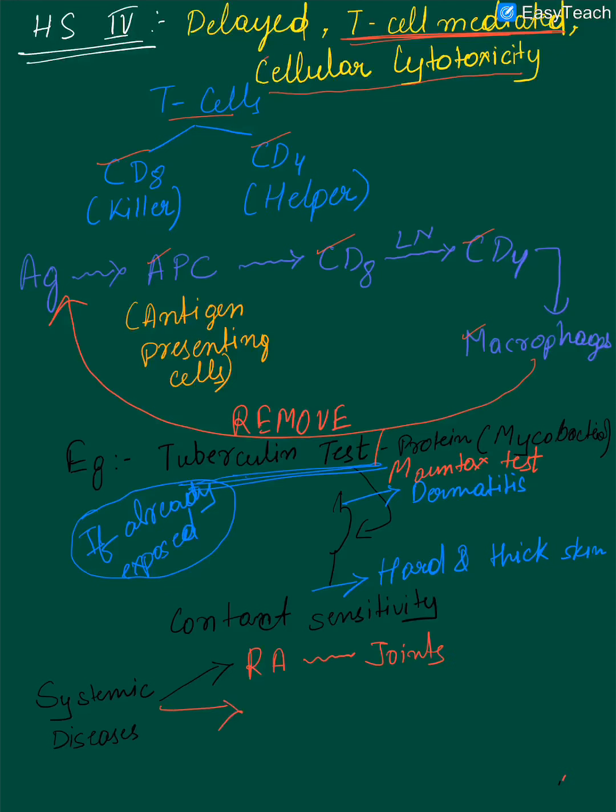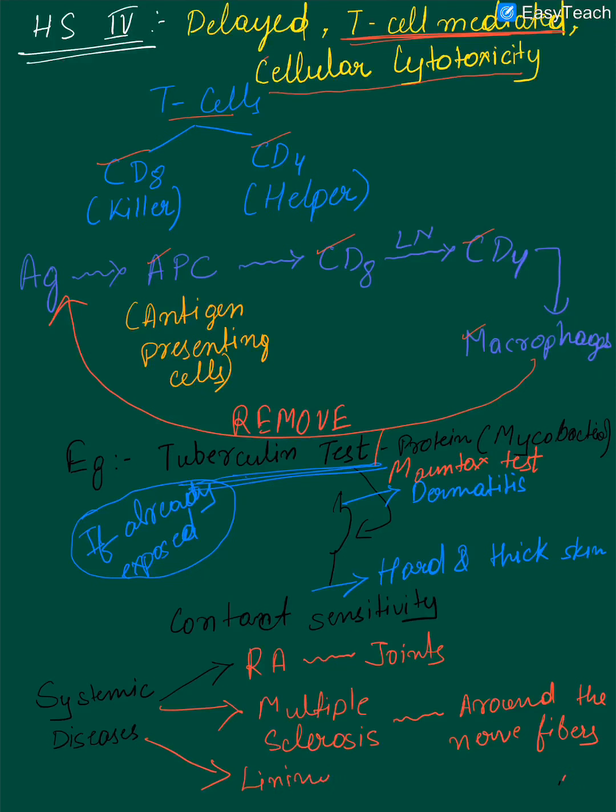Next is multiple sclerosis, that will be the myelin around the nerve fibers. And next, it will be the lining of the intestine in the bowel diseases.